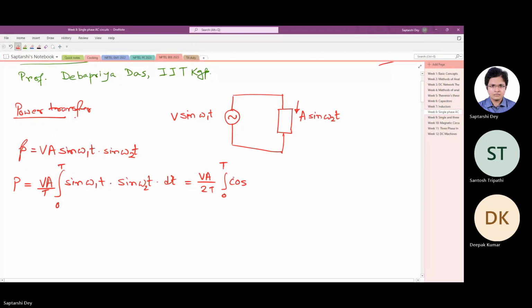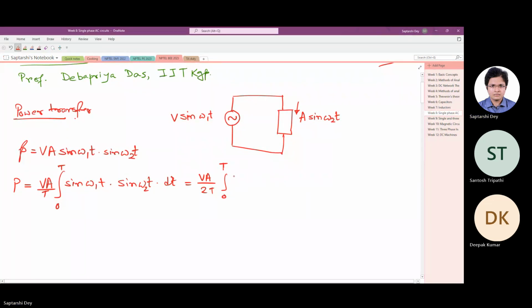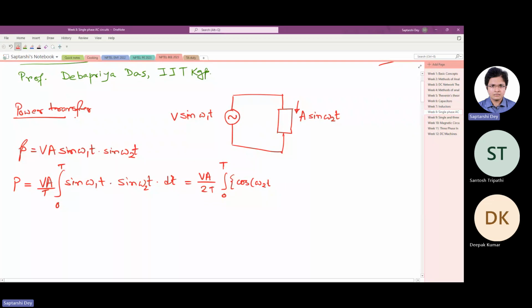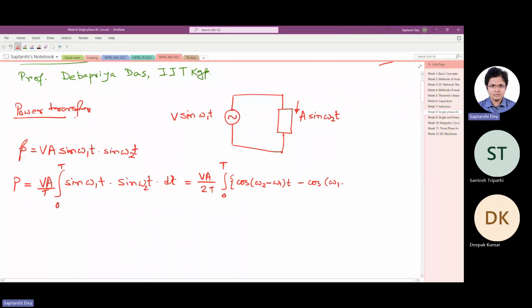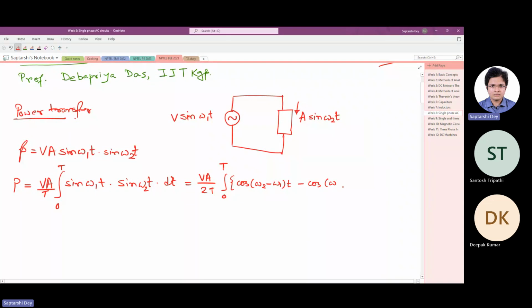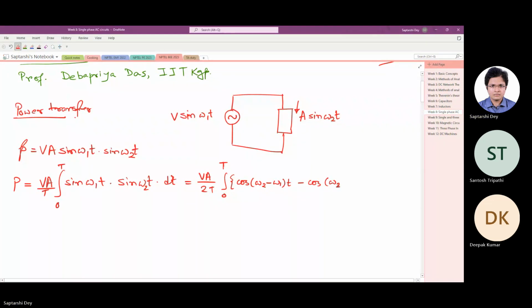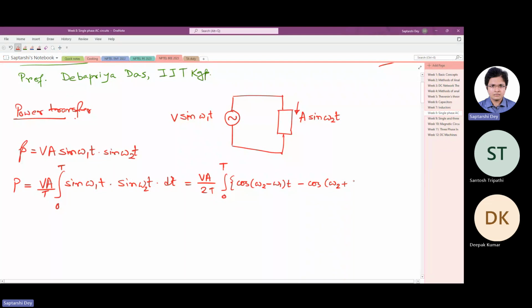So it is cos of (omega 2 minus omega 1) t minus cos of (omega 1 plus omega 2) t. Tell me if I am wrong.